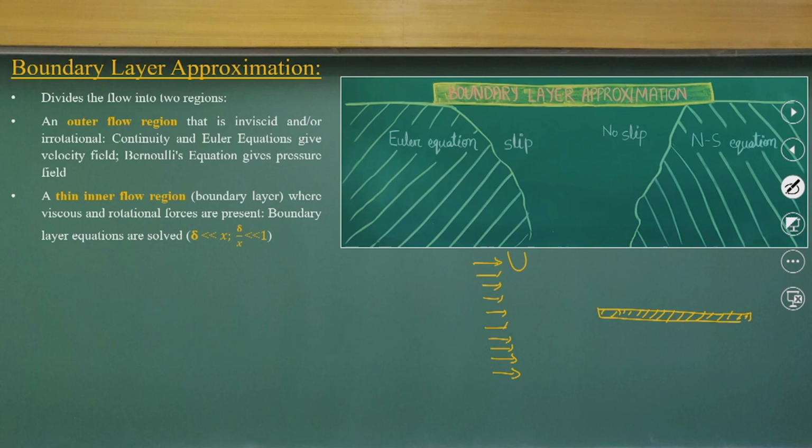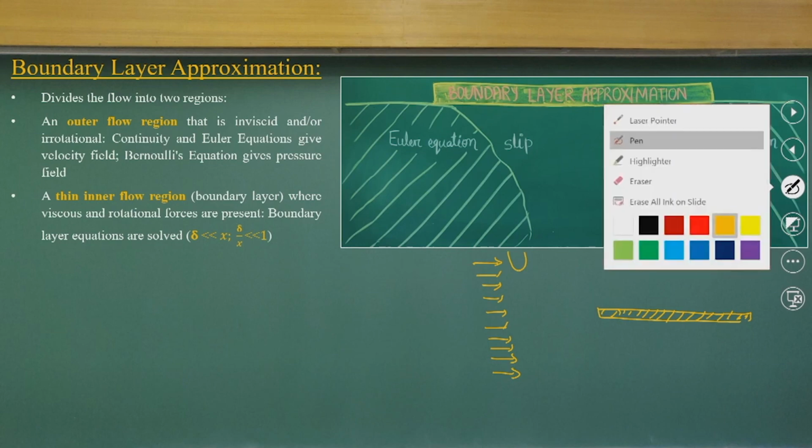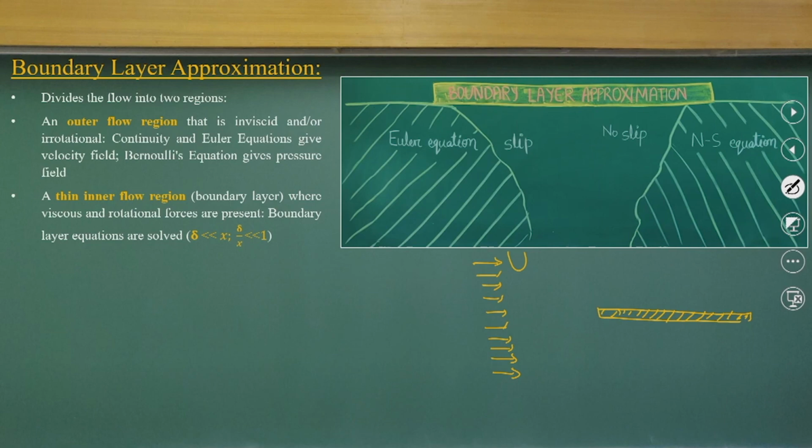Because of this, boundary layer formations will be there like this. If you look at that, this will be symmetric. That is the reason we always talk about this part as symmetric.